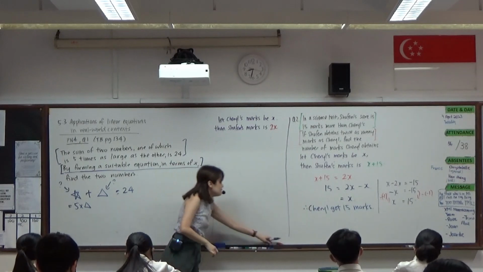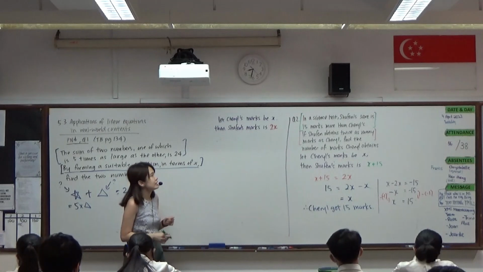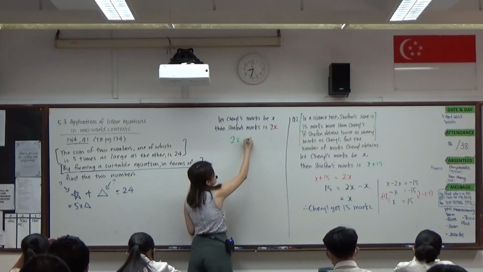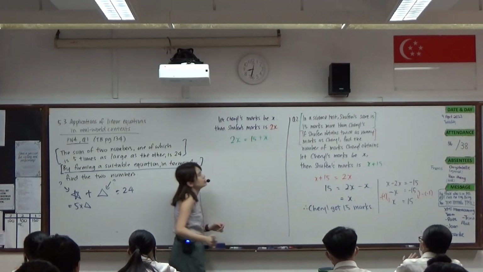Then I will be forming my equation based on the very first sentence, that says that Shufan's marks, which is now 2X, is equal to 15 marks more than Cheryl.